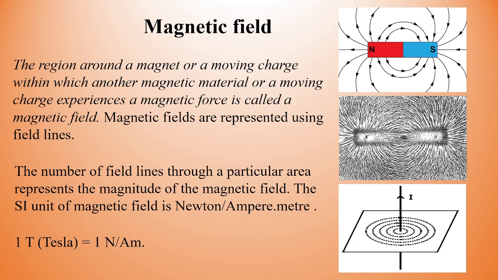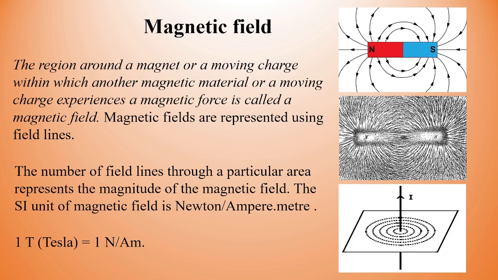Now, how can we represent a magnetic field? Usually, magnetic fields are represented by magnetic field lines. In the figure you can see the magnetic field lines drawn around a bar magnet. The direction of the magnetic field lines is from the north pole to the south pole.